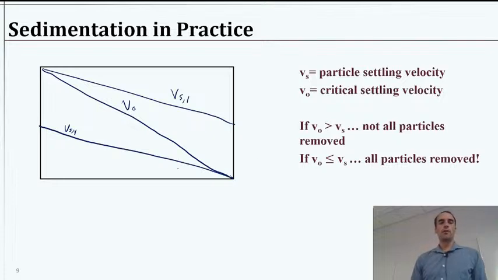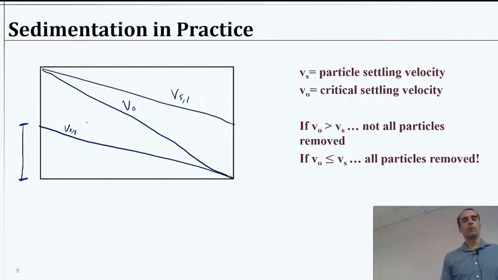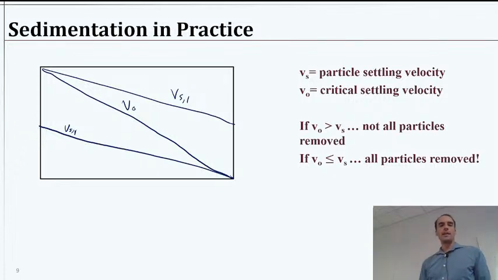So we have however many particles were in this area, those VS1 particles are all removed because at the top of that section, they were removed. And we can end up finding that with a bit of math we'll look at in the next slide. So all this is to kind of say, we could also have VS2.